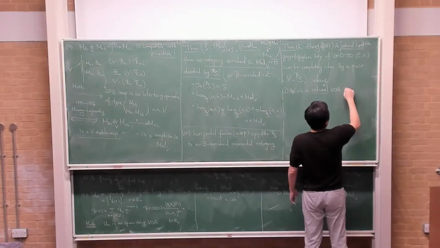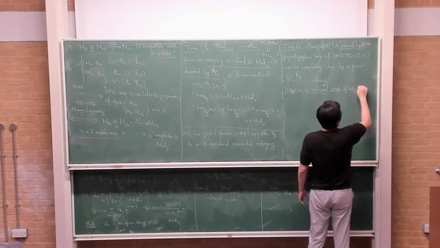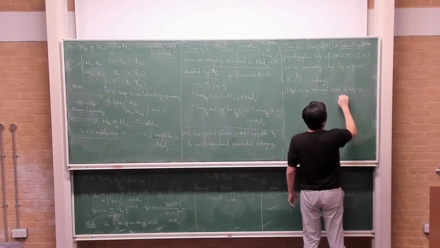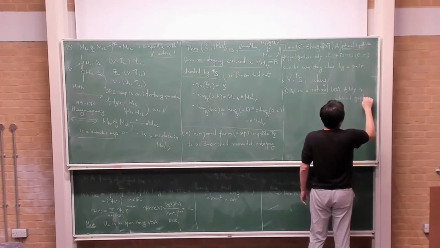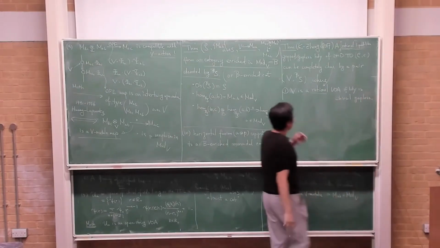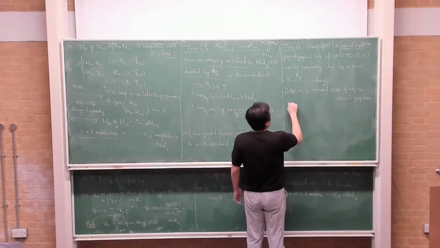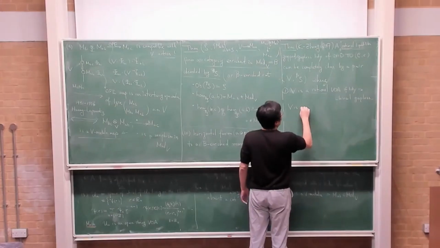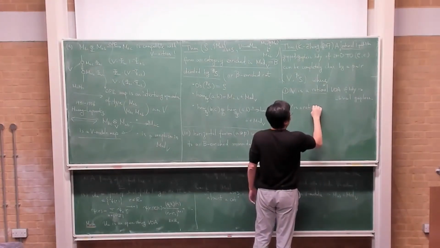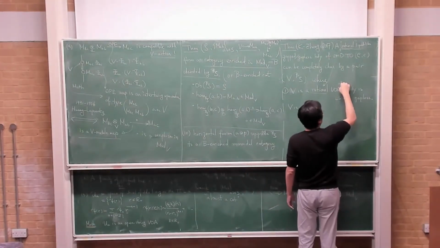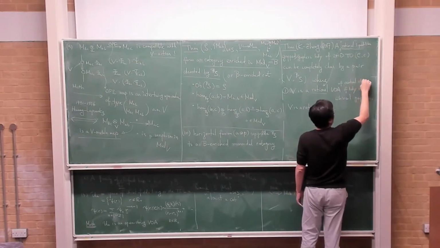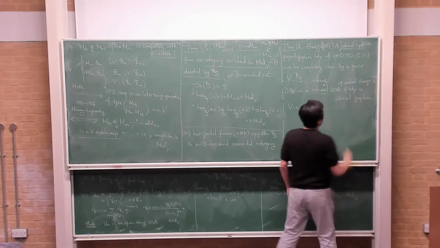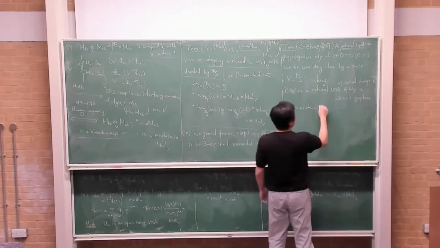If the boundary is chiral gapless, okay, and the V is a rational VOA of central charge C. Otherwise, a rational full field algebra.